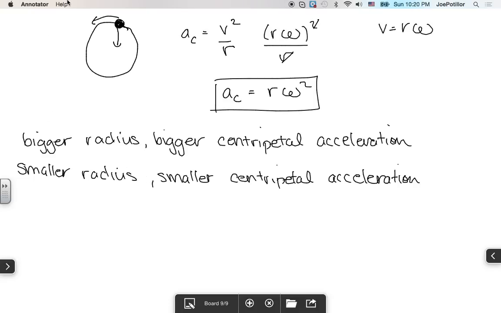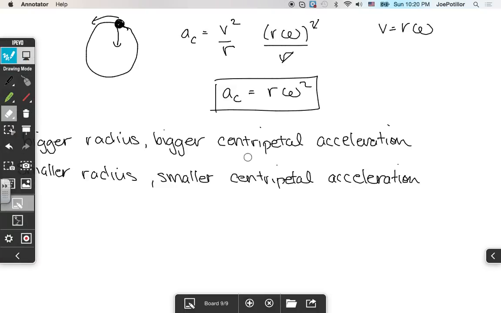That looks totally unreadable, by the way, so I'm going to fix that. Centripetal acceleration.